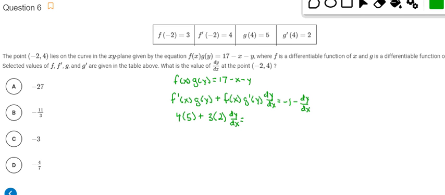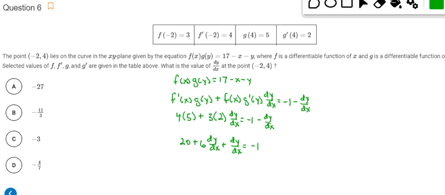And that equals negative 1 minus dy dx. So we have 20 plus 6 dy dx plus dy dx equals negative 1.